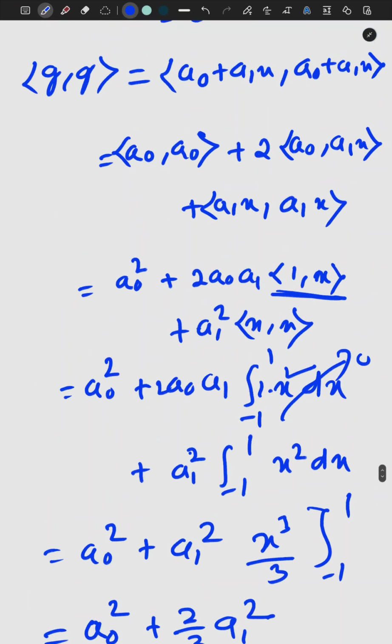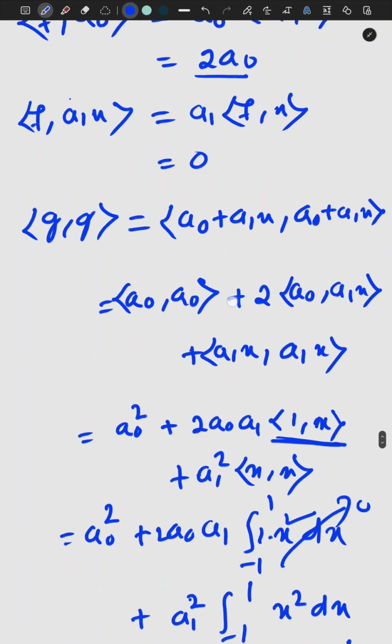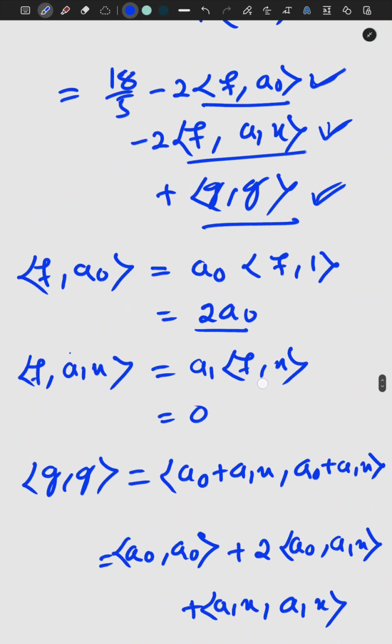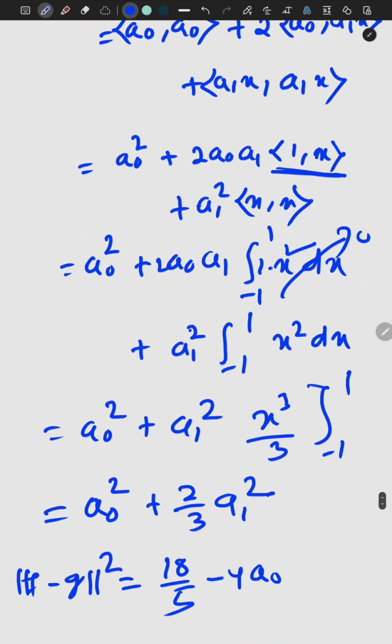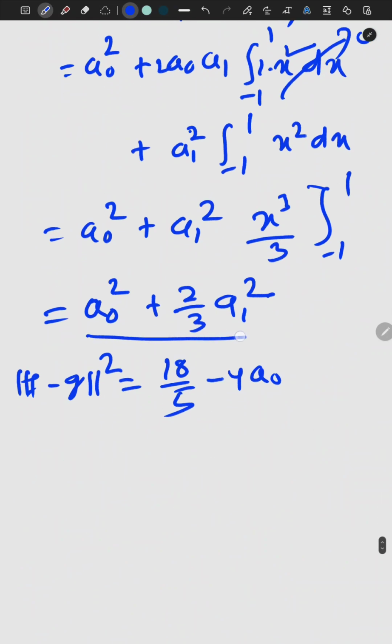The third term is minus 2 times the inner product of f with a1 x, which gives 0. And the last term is the inner product of g with g, which gave these two terms, so it gives plus a naught square plus 2 by 3 a1 square.